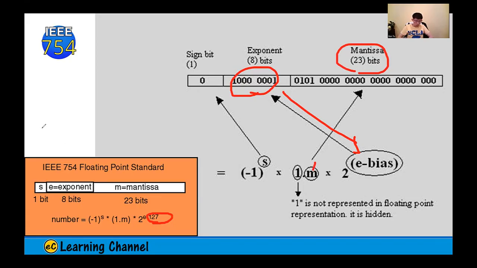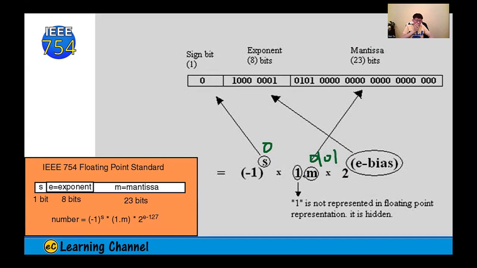So how to read this number? Sign is 0, m is 0, 1, 0, 1, so it's 1.0101. E is 129, minus the bias of 127.